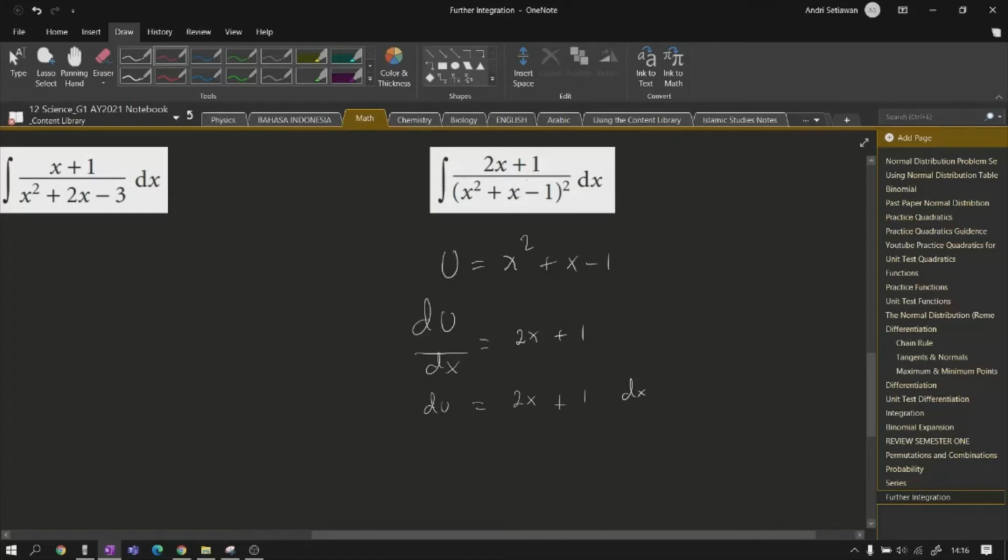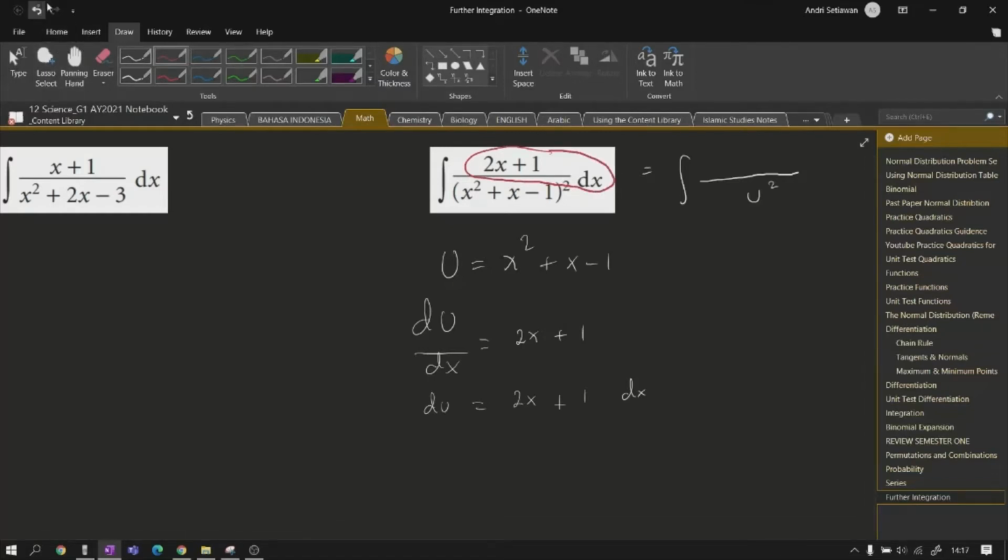So we can continue this integral with substitution. The x squared plus x minus 1 can be substituted by u. So we get the new form u power 2, and 2x plus 1 dx can be substituted by du.